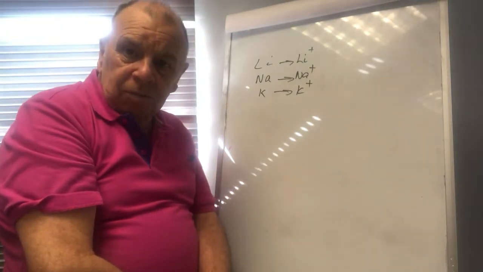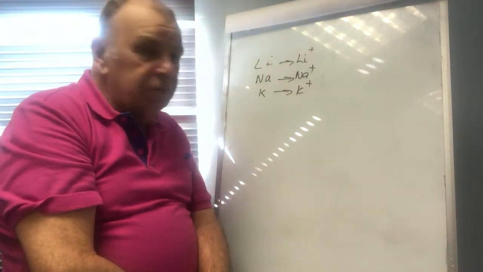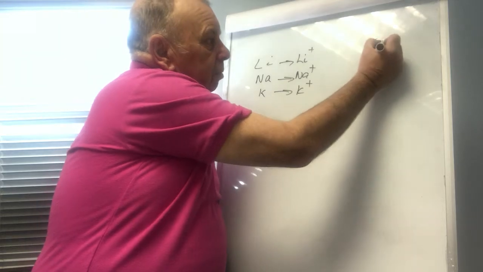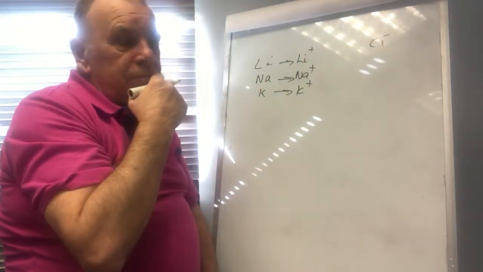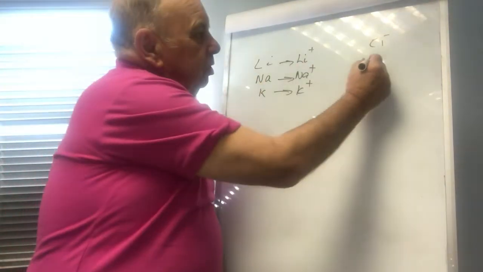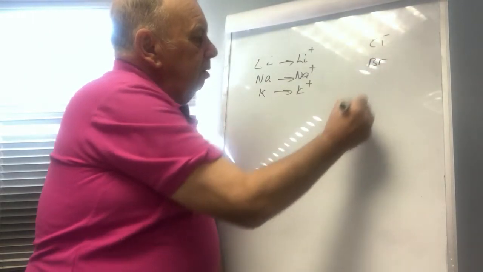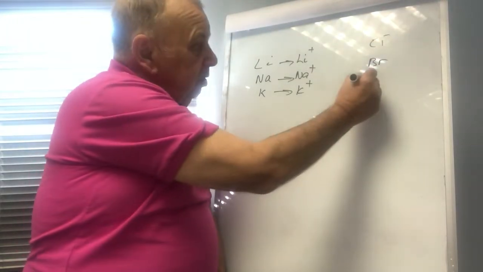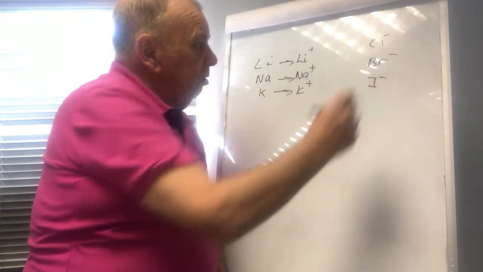Chlorine forms an ion of Cl-, and bromine's the same, Br-, iodine I-.